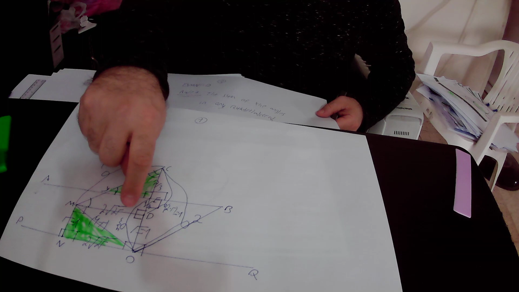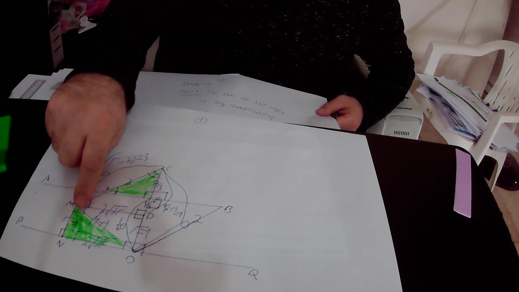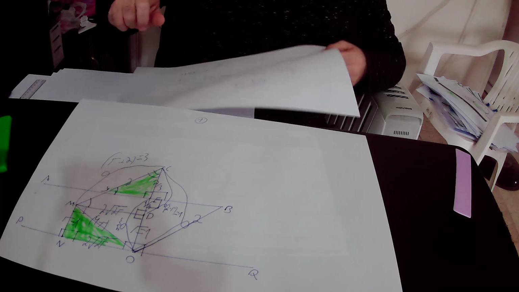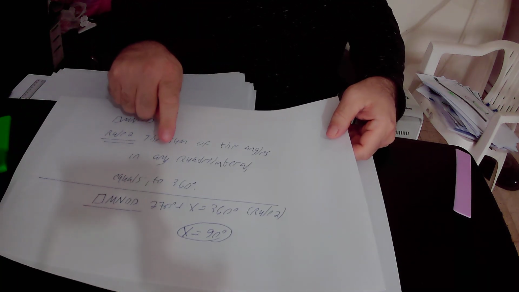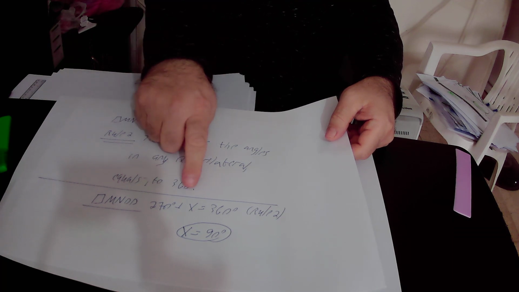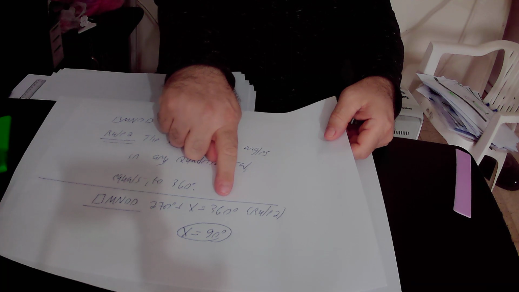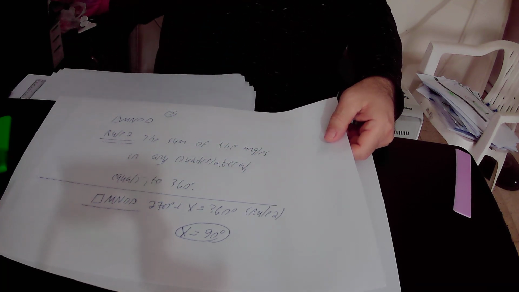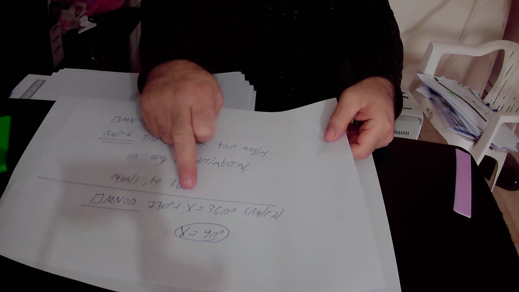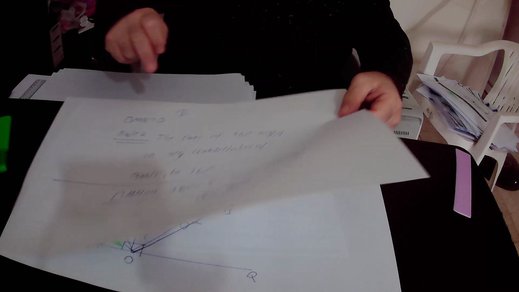So 270 degrees plus the size of the 4th angle, angle x, must equal 360 degrees. We subtracted 270 degrees from this equality and got that angle x equals 90 degrees.